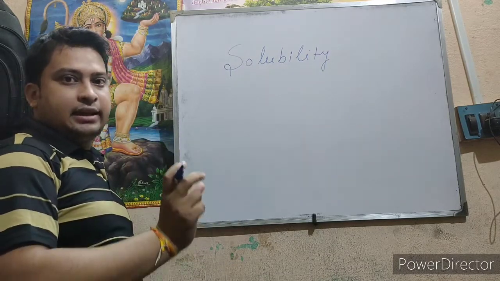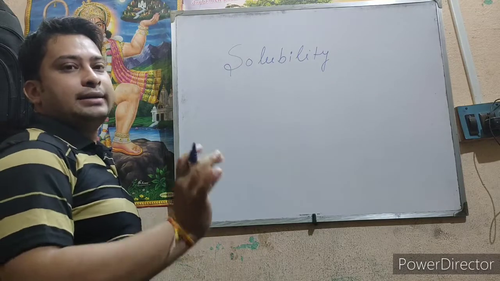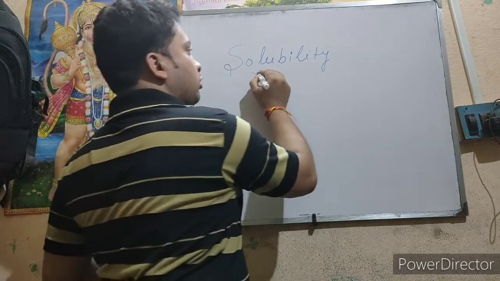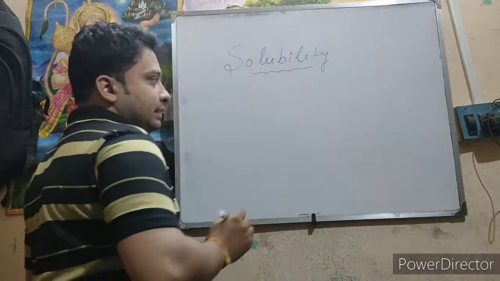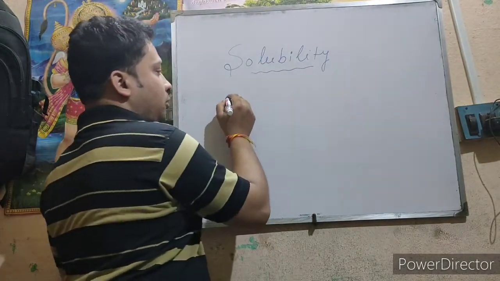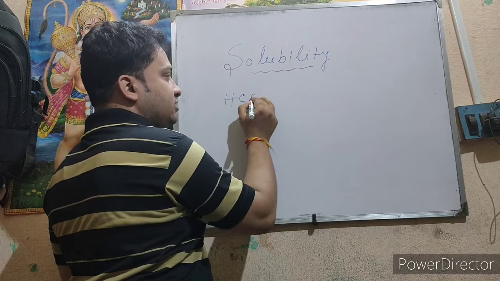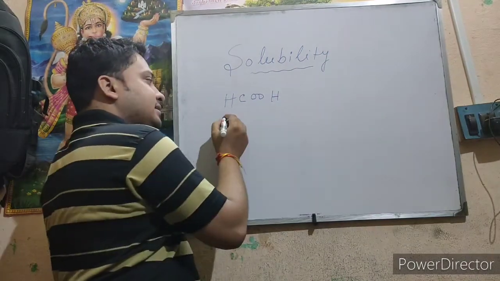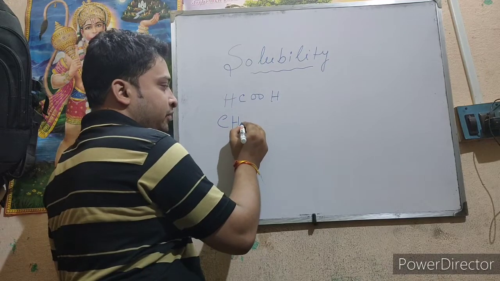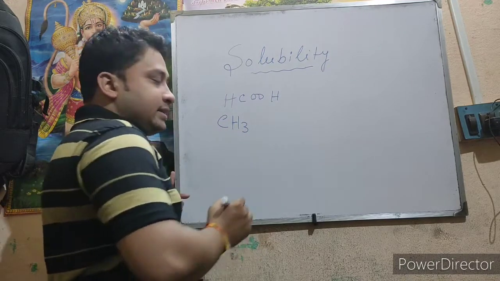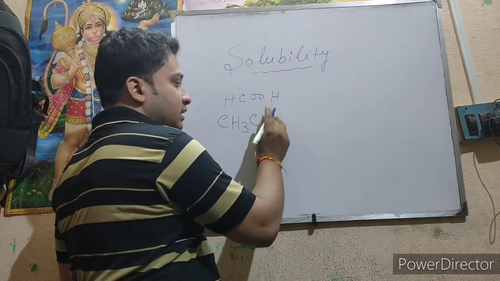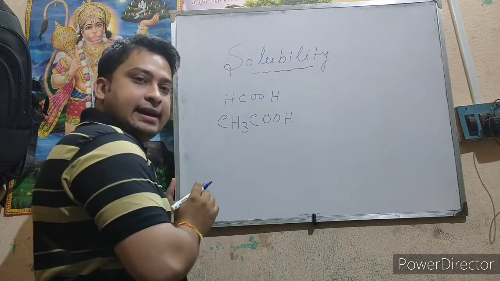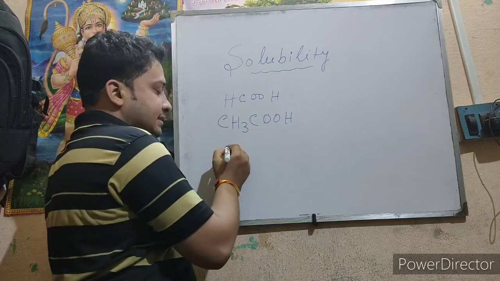If we compare solubility, take formic acid, HCOOH, and then CH3COOH, that is acetic acid. Formic acid and then acetic acid.